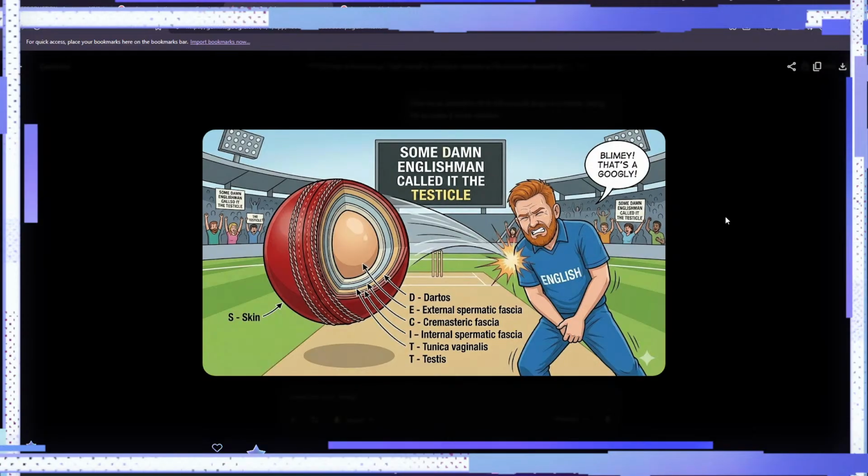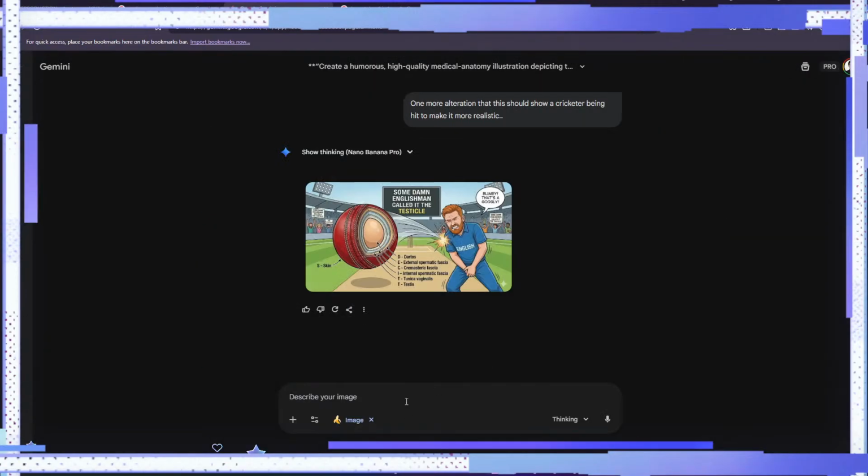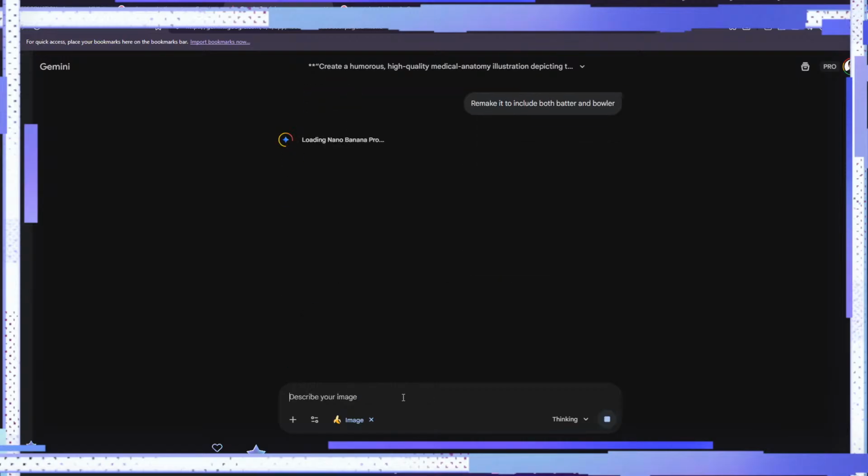Okay, remake it to include both batter and bowler. So you have internal spermatic fascia and tunica vaginalis, which is the parietal layer, and tunica albuginea, which is the visceral layer. Okay, all right. Fair enough.